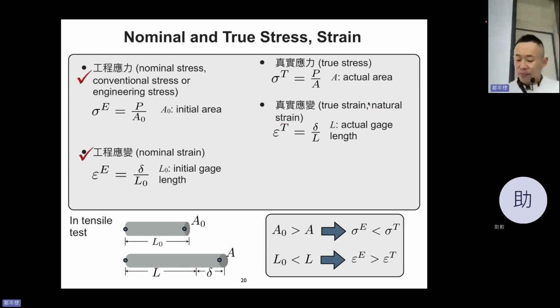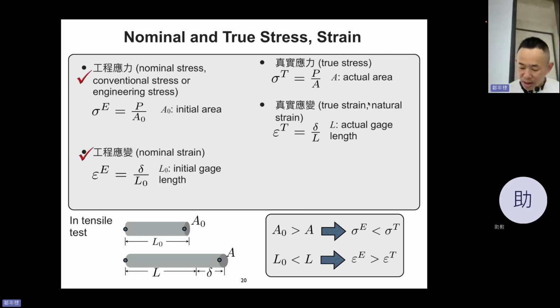Also the true strain, or natural strain, means epsilon T equal to delta L, where L should be at that moment. The resulting length of the previous step will be your current original length. So this is a little bit tricky.